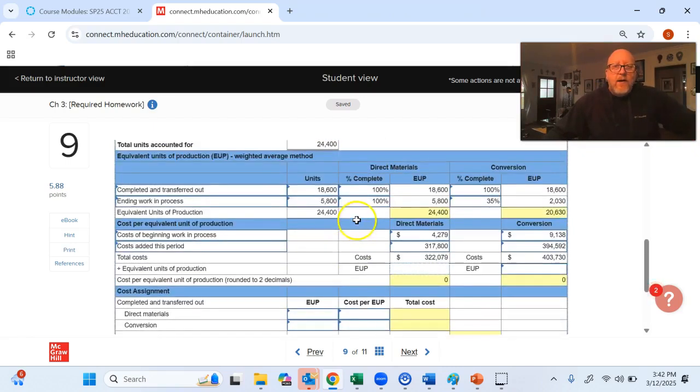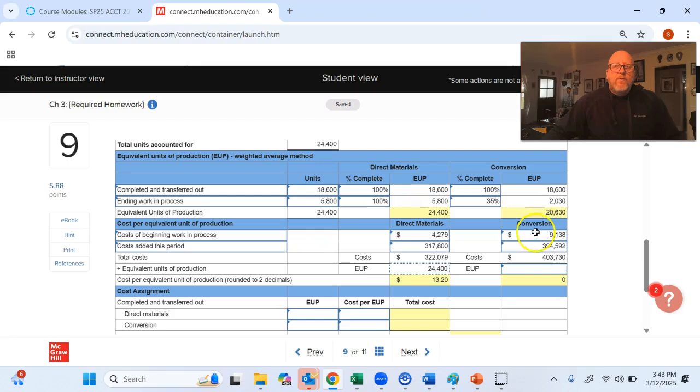Okay, then I am going to determine the cost per equivalent unit, and that's the total cost divided by the total equivalent units. So up here, we just said my equivalent units for material, 24,400. And therefore, $322,079 in total costs with respect to material, beginning plus what we added, divided by total units complete, is $13.20 in material costs per unit complete.